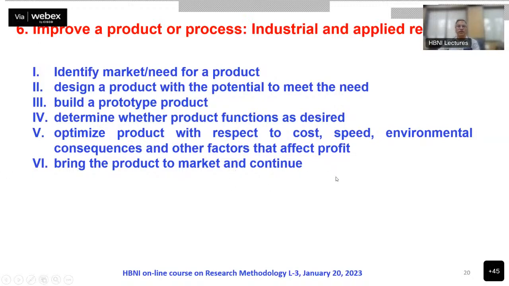You must be seeing many new products coming into the market, and a lot of research must have gone into them. Anything you see in advertisements these days, a lot of research has gone in as an input, and then they compare, saying this is better than the others. So this is another area, industrial research, where a lot of things are done.